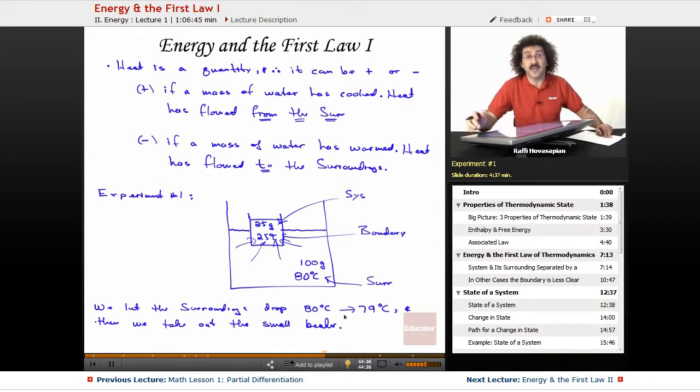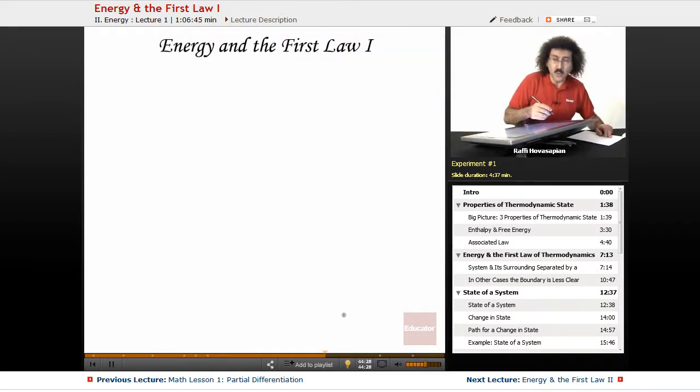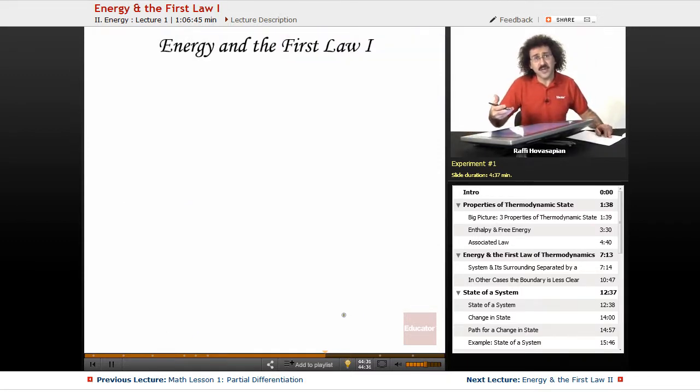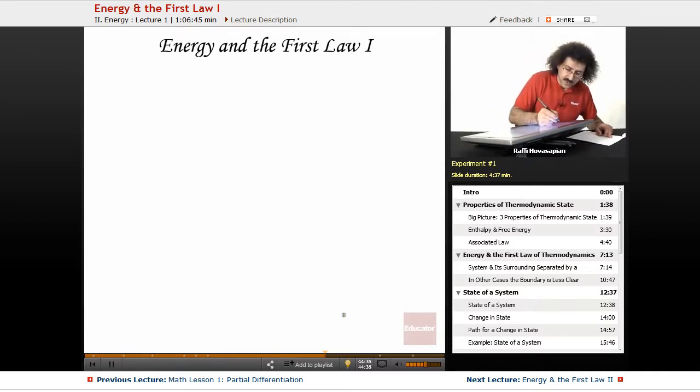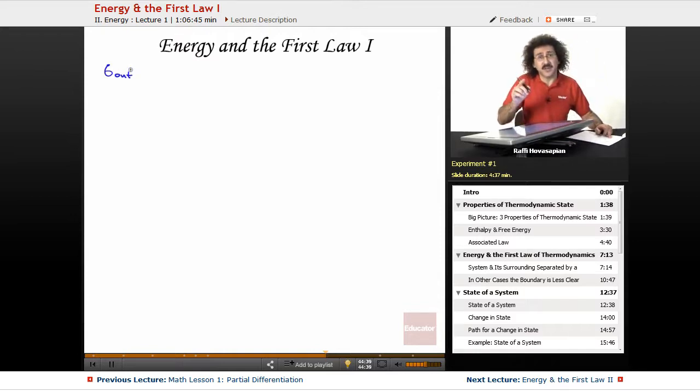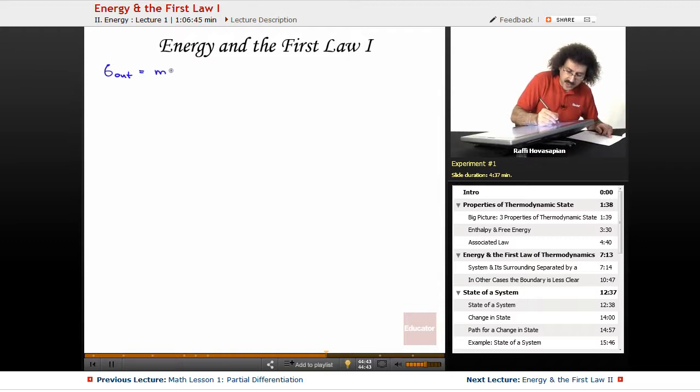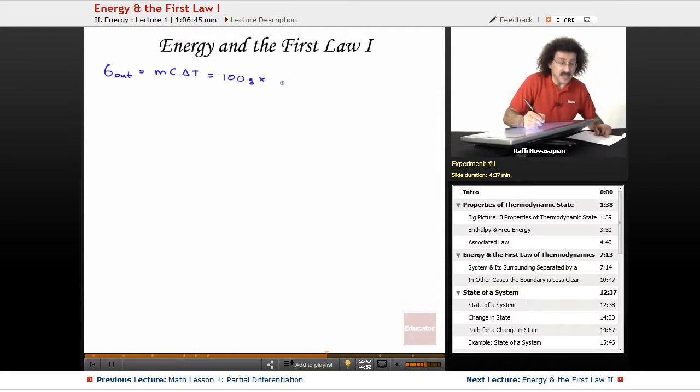Now, let's do some calculations here. We know that the amount of heat that flows is equal to the mass times the heat capacity times the change in temperature. Let's call this Q out. This is the heat that flowed from the 100 grams of water. That's going to equal mcΔT. There is 100 grams of water, and the heat capacity of water.